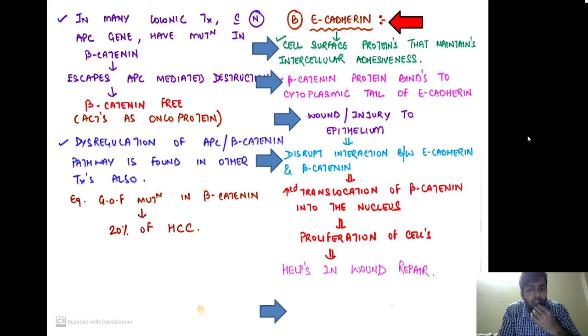This is going to lead to the translocation of beta-catenin into the nucleus, and as we have just seen, when beta-catenin goes inside the nucleus, it is going to stimulate growth and proliferation of the cell. So in normal situations like wound and injury to the epithelium, this is going to help in wound repair. This is how normally a repair process takes place.